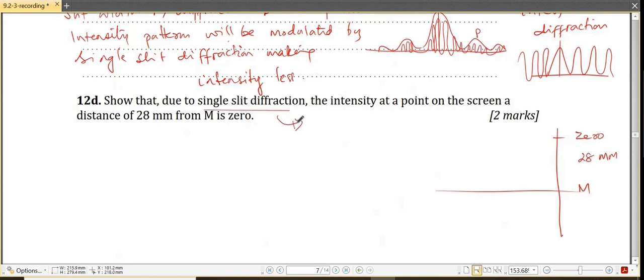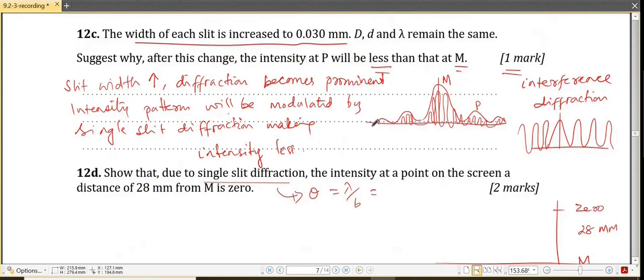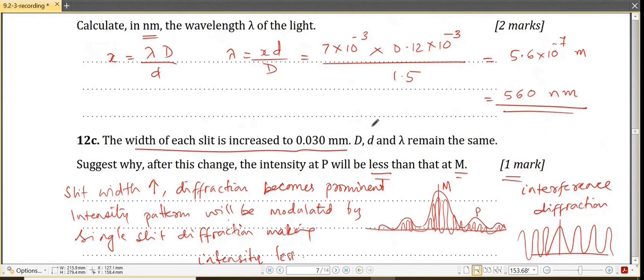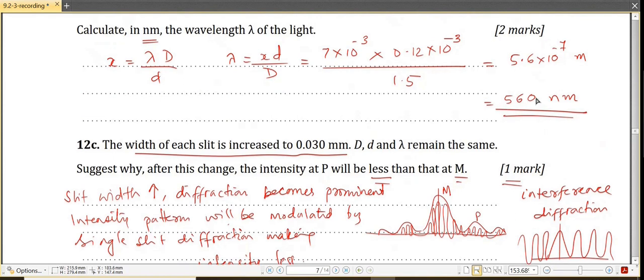So that means I need to use theta equal to lambda upon b. We need to see what is the value of theta that we are getting. Lambda, of course, they have given us 560 nanometer. Yes, we calculated it here.